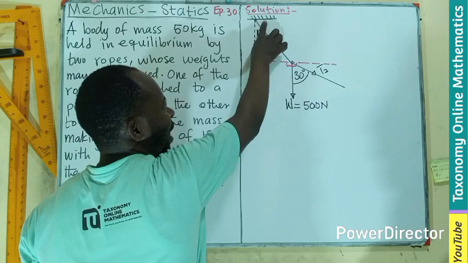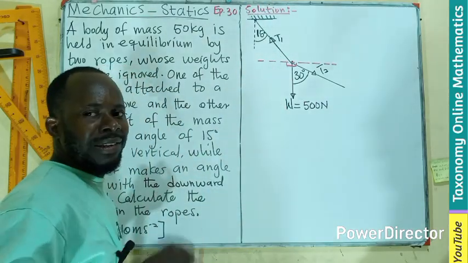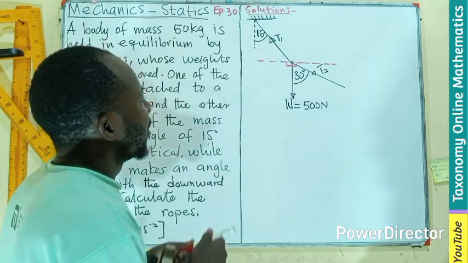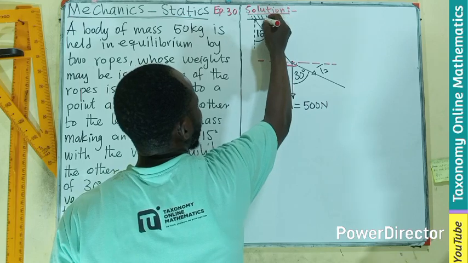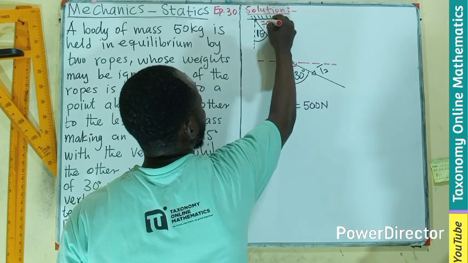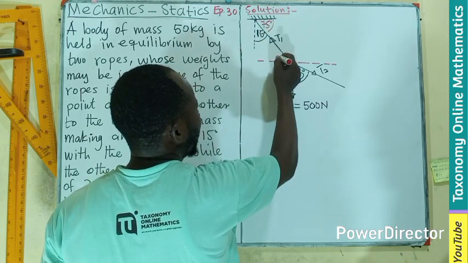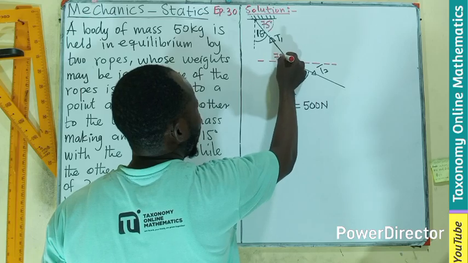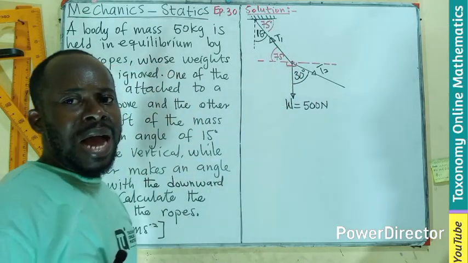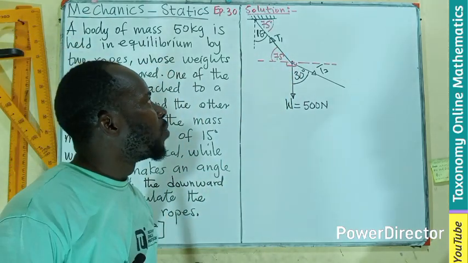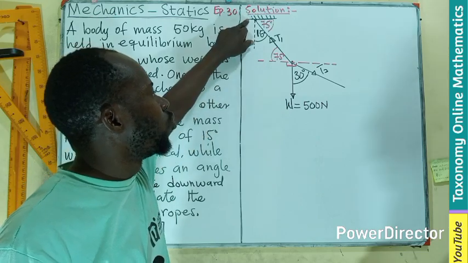And what angle will be here? This minus 90, because those are perpendicular lines, will give you 75. So here will also be 75, by the property of alternate angles. Alternate angles are equal because this is parallel to the surface.